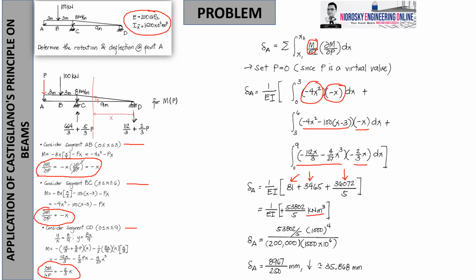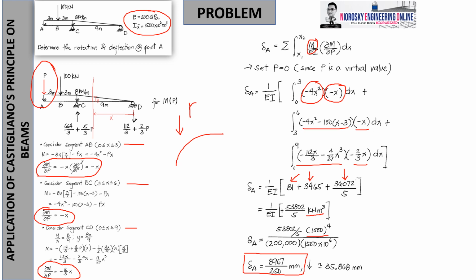And then following the conversion into newtons and millimeters, implementing the factor of 1,000 to the fourth, converting kilonewton to newton, a value of 1,000, and cubic meter to cubic millimeter, a value of 1,000 cubed, making it 1,000 to the fourth. So we'll get 8967 over 250 mm. And it looks like it turns out to be a positive value. So therefore, our assumption is correct, and it goes down. Okay?